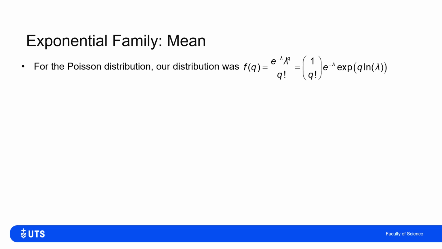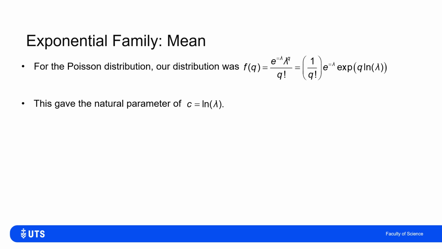As we saw in the first video on the exponential family, I can write the Poisson distribution in the exponential family form of 1 on q factorial times e to the minus lambda times the exponential of q times log lambda.